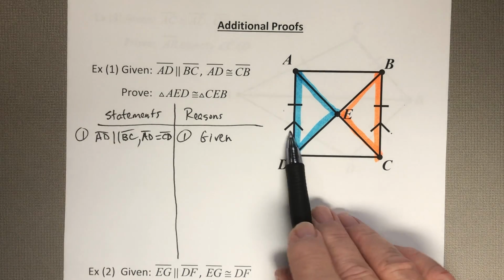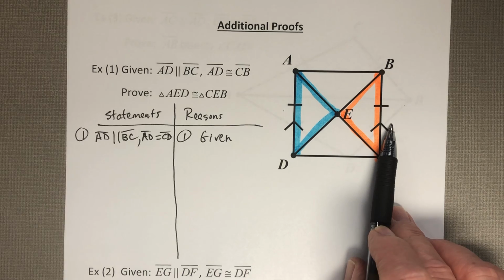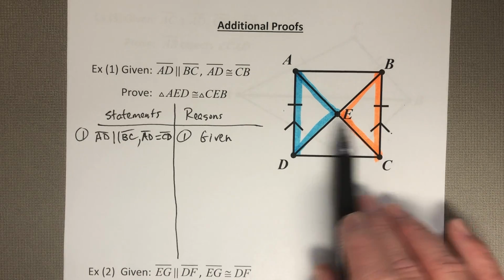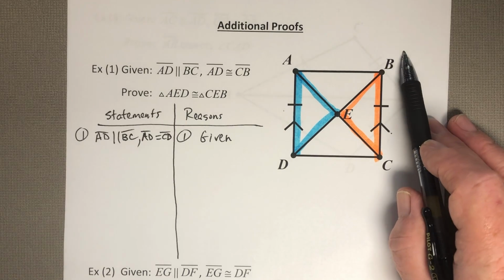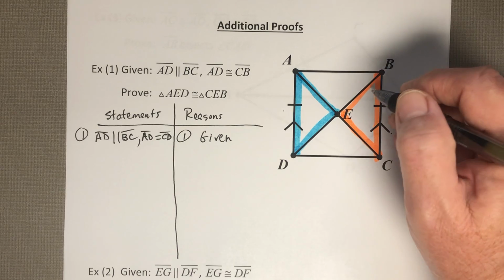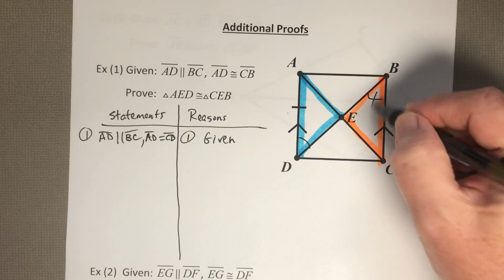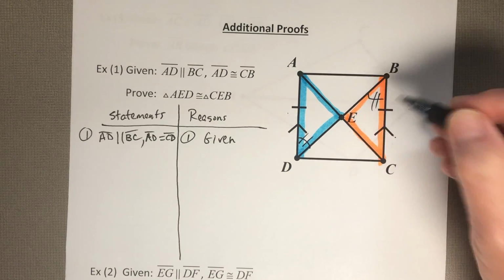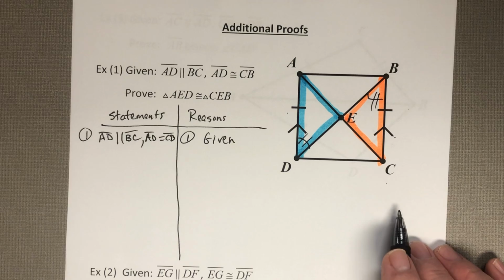So I'm going to use the parallel lines first. By the way, there's more than one way to do this, but I'm going to do it with the parallel lines. If I run this transversal across those parallel lines, that's going to give me angle ADE congruent to angle EBC, and I'm going to make that statement.